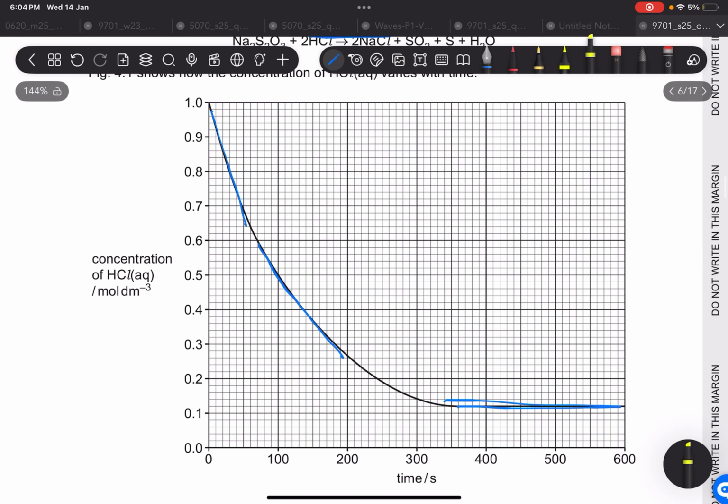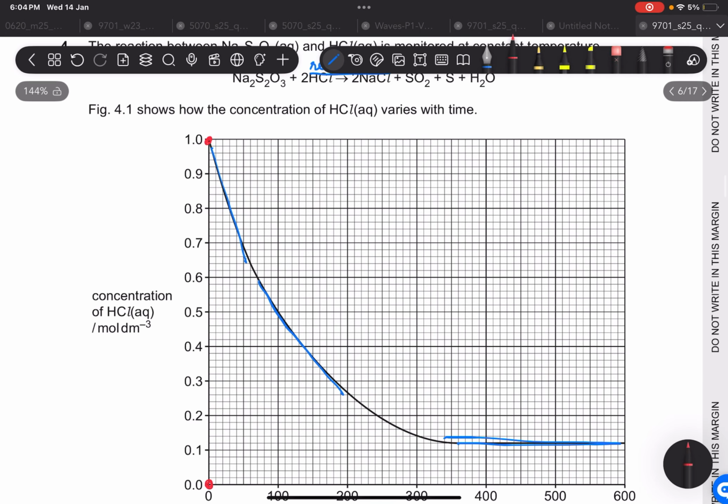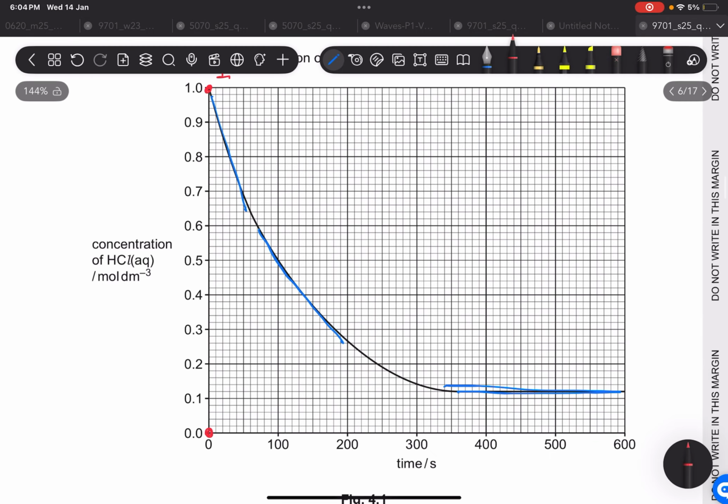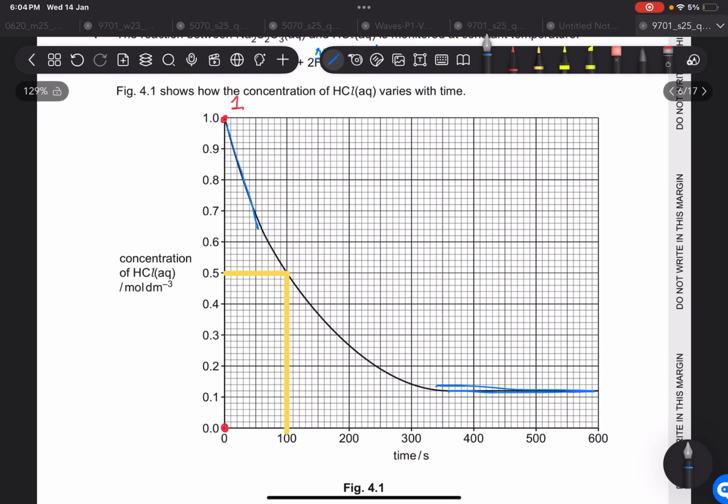Okay, let's go towards 0 seconds. At 0 seconds, my HCl concentration is 1 mole per dm cube. At time 100 seconds, I draw a straight line from 100 seconds, and this is where I get 0.5 mole per dm cube.